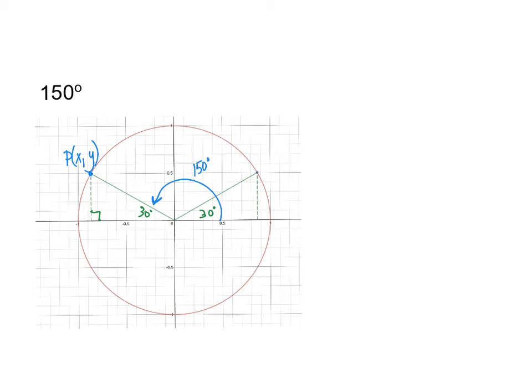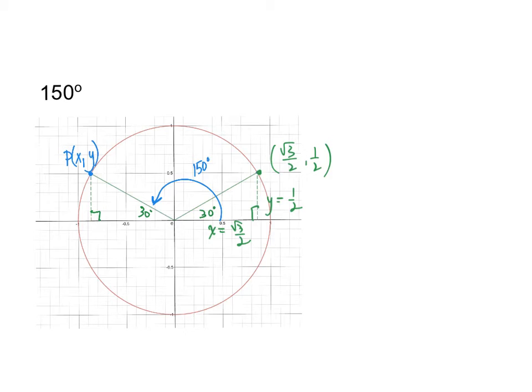We learned a couple pages ago that the values for this 30-degree angle in the first quadrant would give me an x of root 3 over 2 and a y of 1/2, making this point root 3 over 2 and 1/2. We use the special triangle to determine those points.